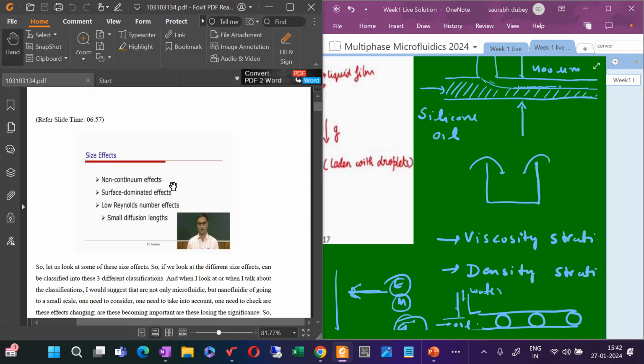Here sir told that these non-continuum effects will come up in the sense that any fluid which is flowing consists of some molecules that specify and fix its identity.